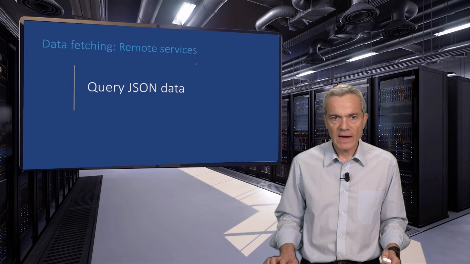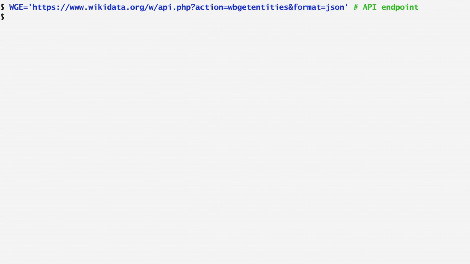With JSON data at hand, we can run queries on it. As a first step, I store the URL I'm interested in a variable named WGE because I'll use it repeatedly. The particular URL points to Wikidata, which is a universal collaborative knowledge base of open data. As you may guess, Wikidata is a derivative project of Wikipedia.